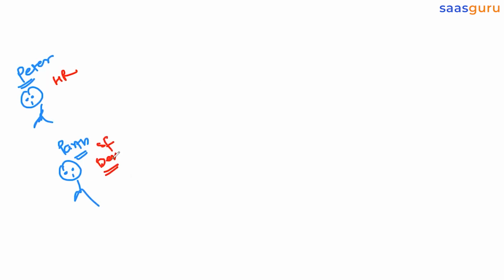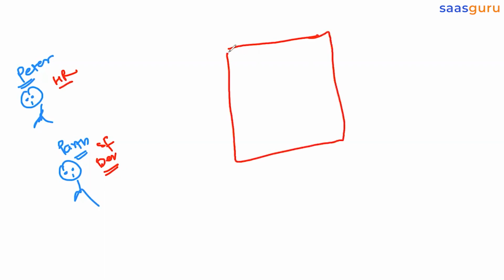Now, in this case, if I am willing to make a company, and these are the two departments I'm going to have, first, I am going to take a premise or a place, whatever you want to call it. I'm going to take a rented place, or maybe I'm going to purchase it. In that particular space, I'm going to make one department for my HR team.